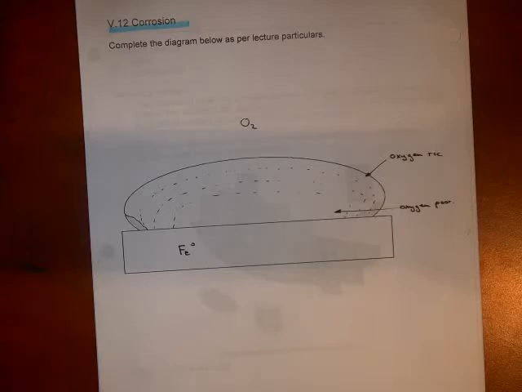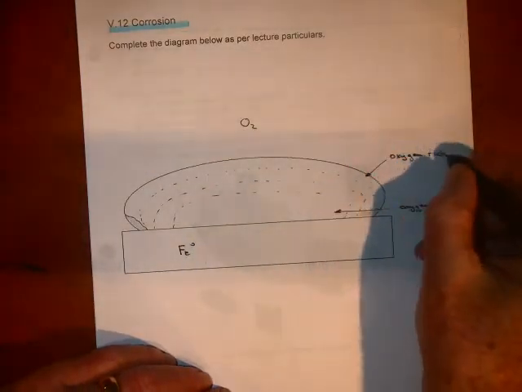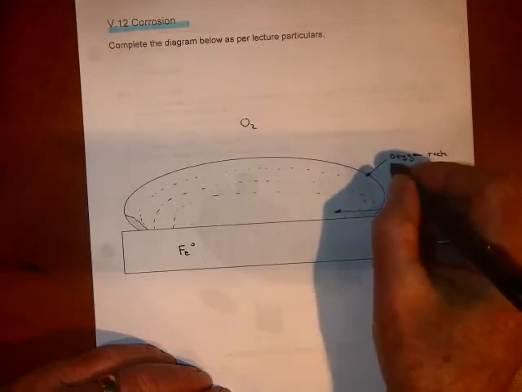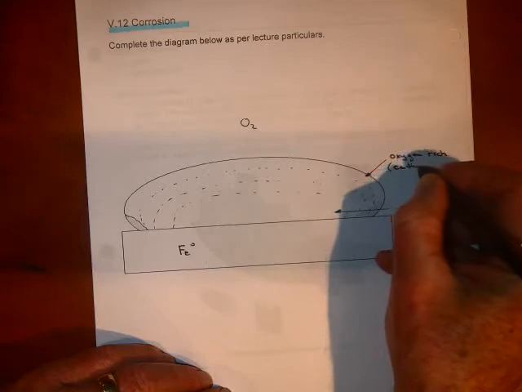So what happens, this oxygen rich part, this is really the cathodic area.